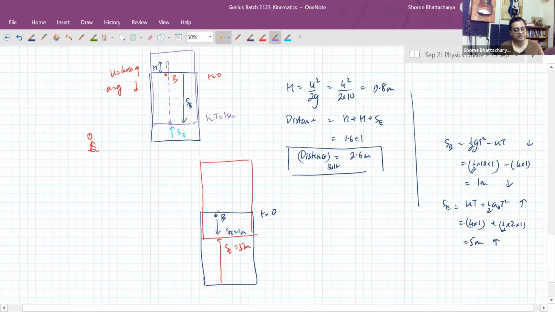But the actual trajectory of the bolt has been like this. So in the time that the bolt has actually ascended 0.8 meters and then descended a total of 0.8 plus 1 or 1.8 meters, the floor of the elevator has come up by 5 meters to come and meet it.